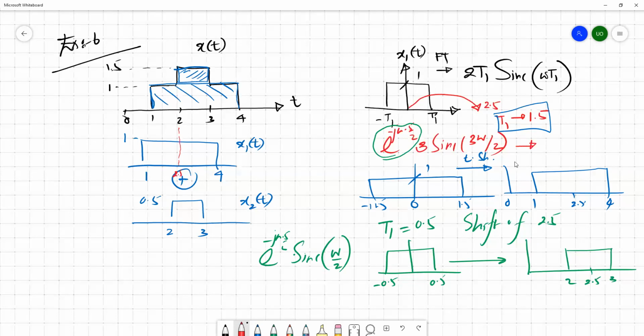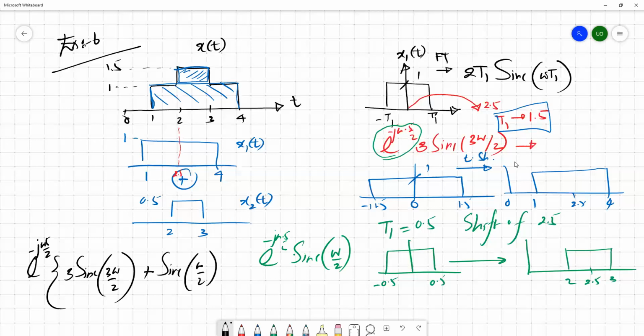If you sum these two, you can take this e to the power factor out because it's common, j omega 5/2. Then we have 3 sinc(3 omega over 2) plus sinc(omega over 2).